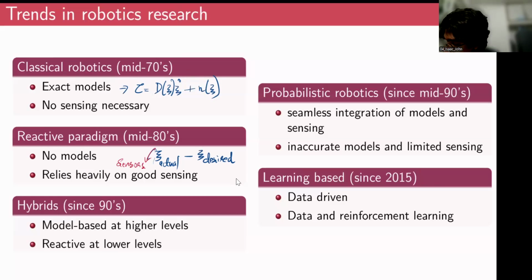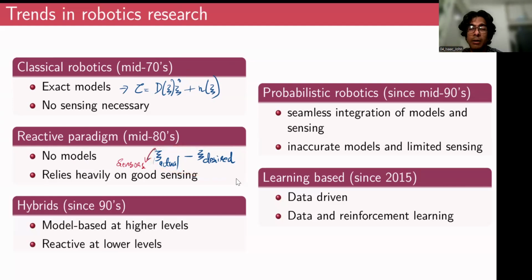So the difference between the actual trajectory and the desired trajectory, we would be giving an input to the robot based on this difference.